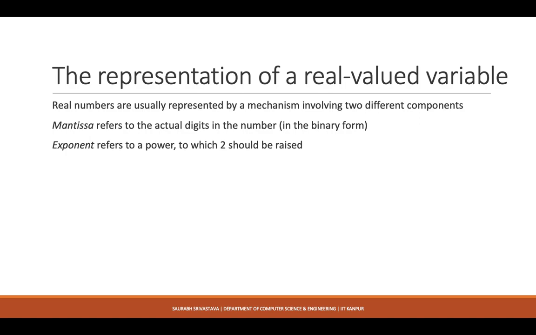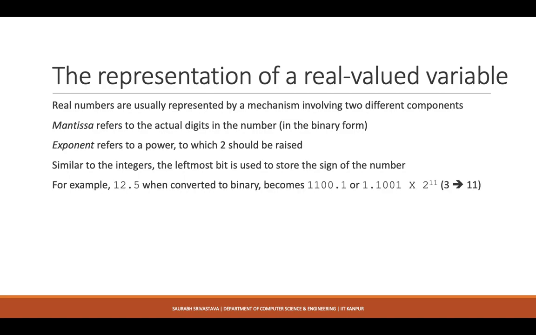I'll just give you an example. The exponent refers to the power to which the mantissa must be raised, right? Similar to integers, we also use a bit to store the sign of the number, so whether this number is positive or negative. Now, just to give you an idea, let us say I want to represent 12.5. I have to first convert it into binary. By the way, even though I did not discuss it in detail in the class, I have given some resources for you to study Boolean algebra.